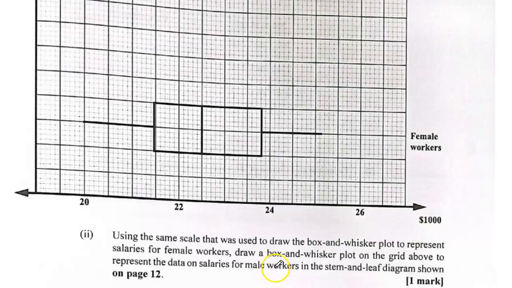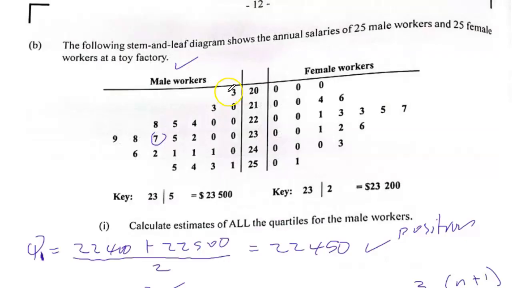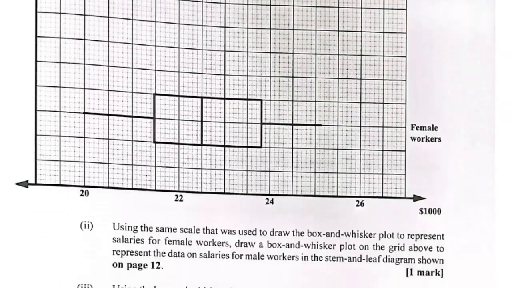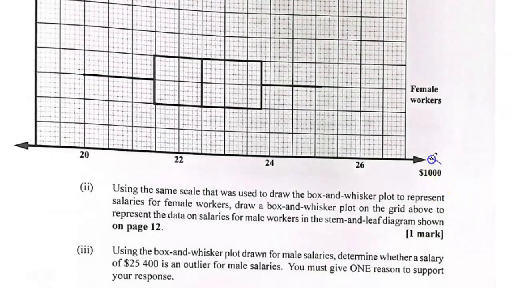So for the male workers, we know the smallest value was 20,300 and the largest value was 25,500. If you notice, the key was each value is in thousands.